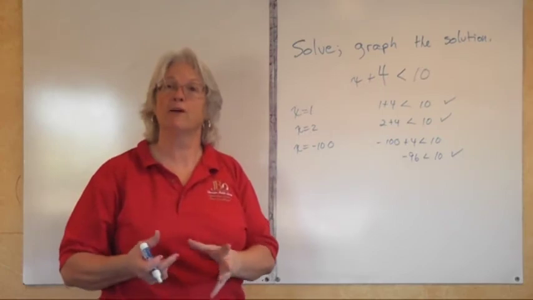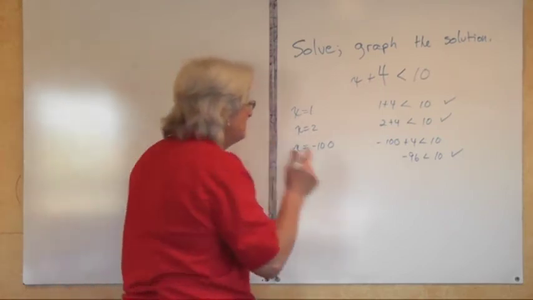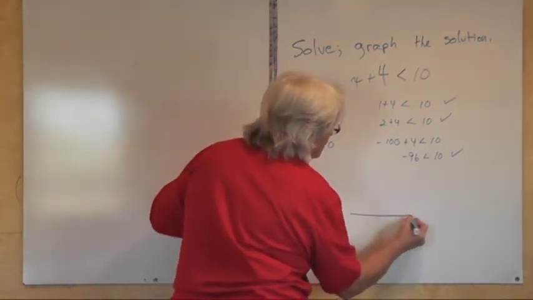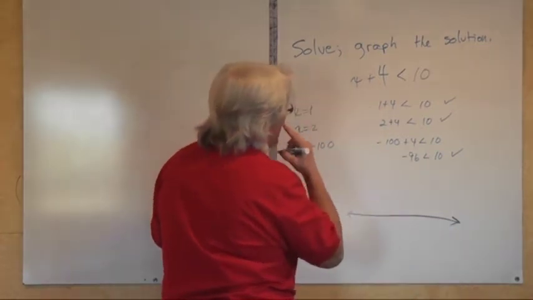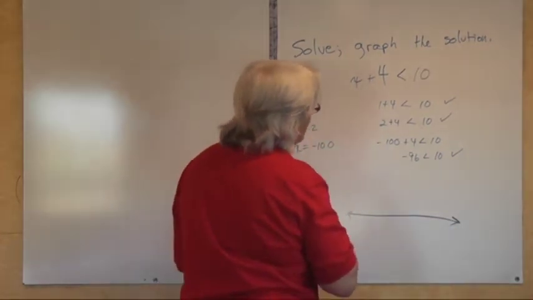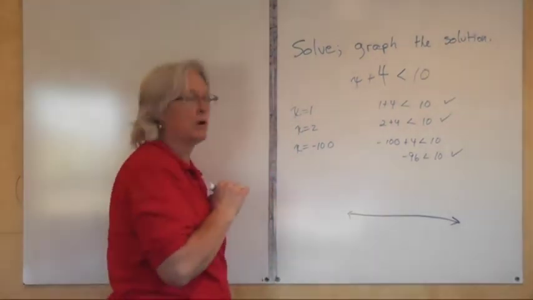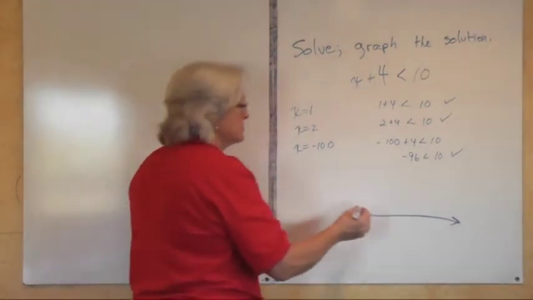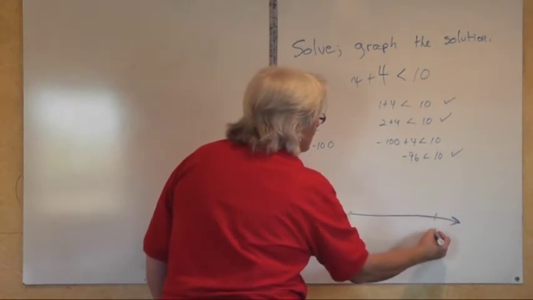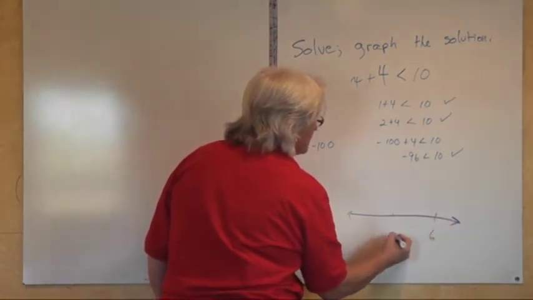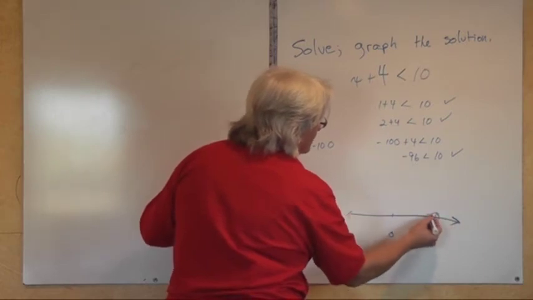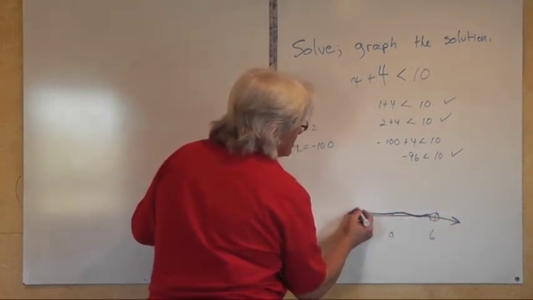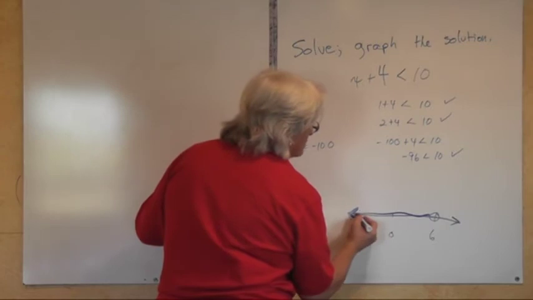So how would you graph this? Well, you are going to graph this on a number line. And I'm just going to show you right now what the solution is. And we'll come back to this in just a minute.